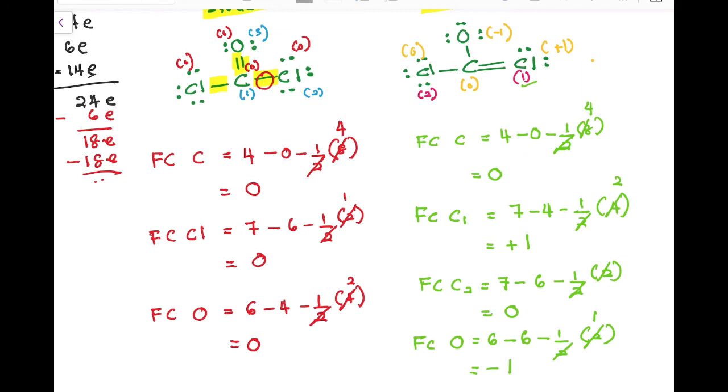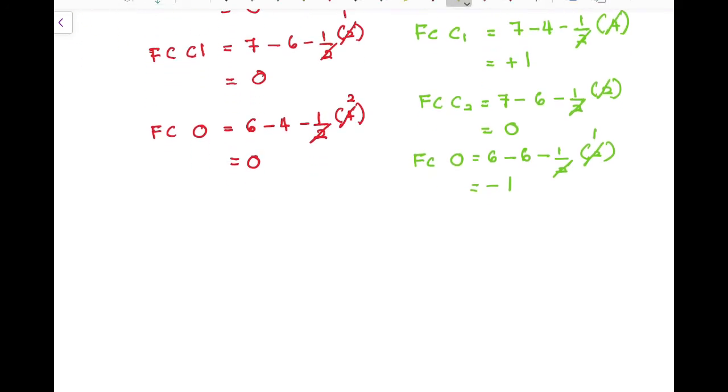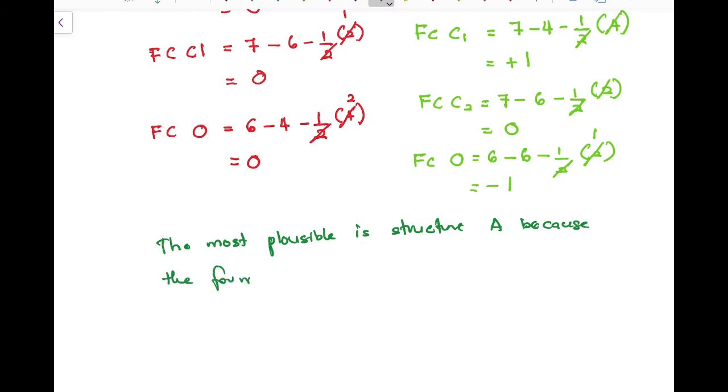So the answer is, the most plausible is structure A. Because the formal charge, right? So this is how we determine the formal charge for each atom.